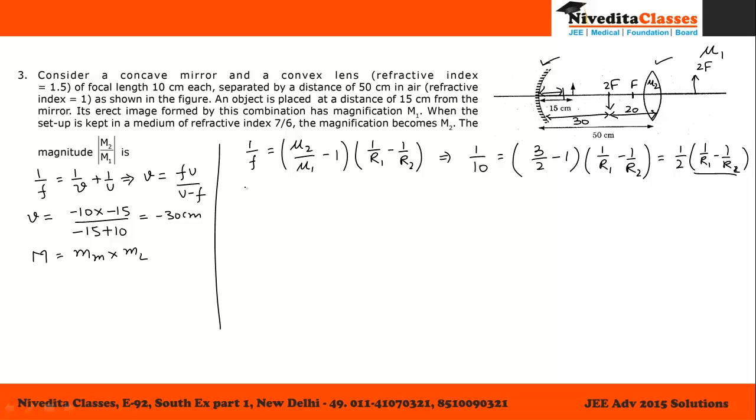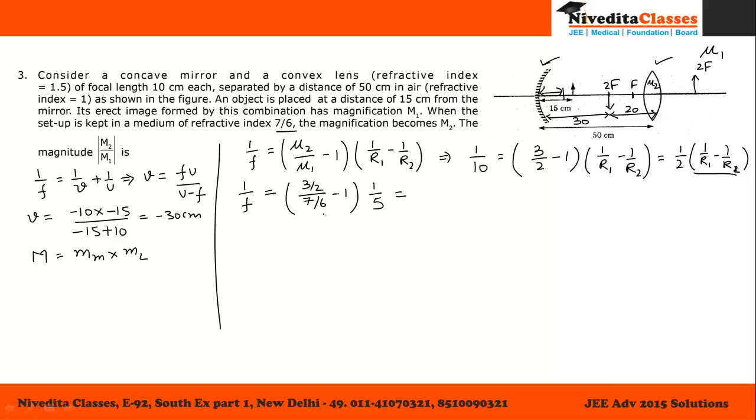Okay, so now in the second case the focal length will change when we submerge the whole thing in a medium of refractive index 7 by 6. In this case it will be equal to 3 by 2 divided by 7 by 6 minus 1 into 1 by r1 minus 1 by r2, which we have just calculated as 1 by 5.